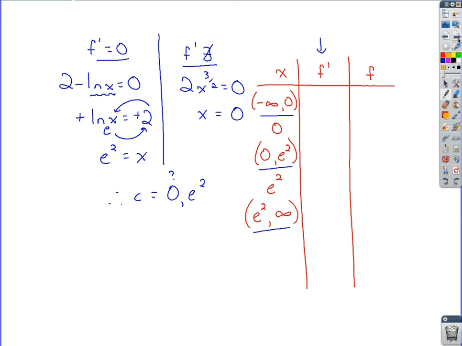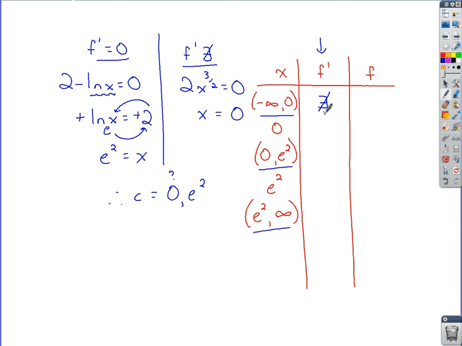For the first interval, negative infinity to 0, it turns out when you plug in a negative number, you might notice that you're taking a natural log, for instance, of a negative number. You can't do that. This actually does not work. If you take a number from 0 to e squared, and e as an approximation is 2.7183, et cetera, so you square that out.